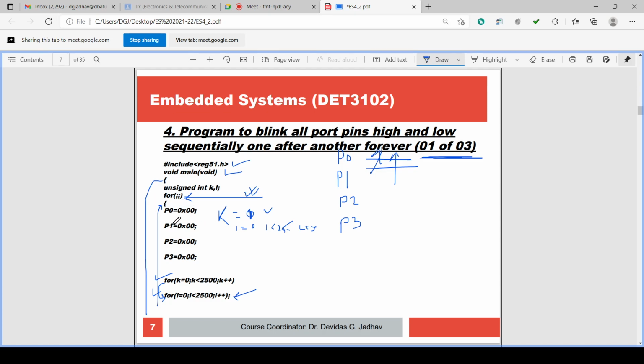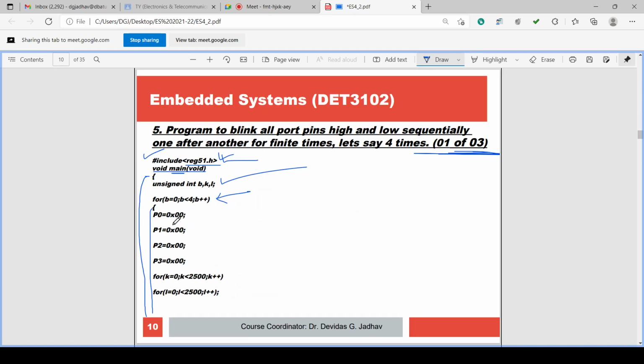So this for double semicolon is now replaced with a for loop which executes 4 times. Instead of the forever or infinite for loop, it is now a 4 times executing for loop. This for loop will execute 4 times.